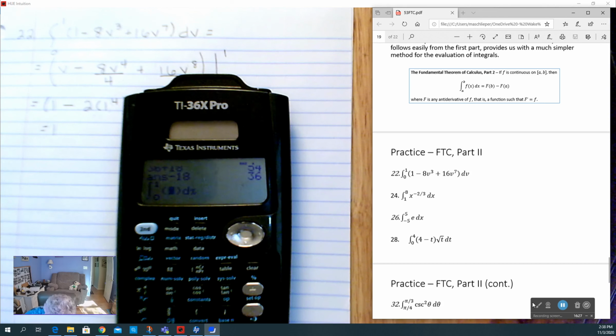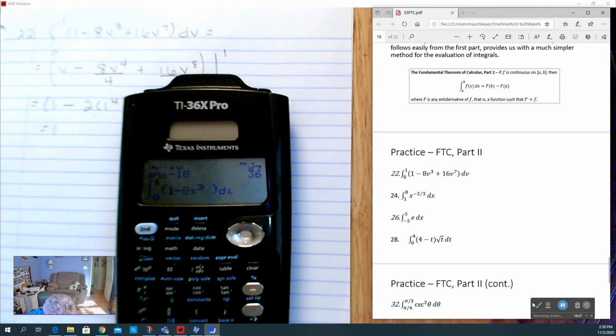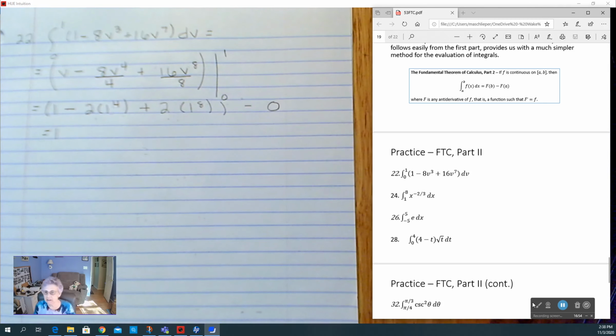So we have to put 1 minus 8x to the 3rd power plus 16x to the 7th power. I got it right. It's 1. Yay. I like it when I get it right.